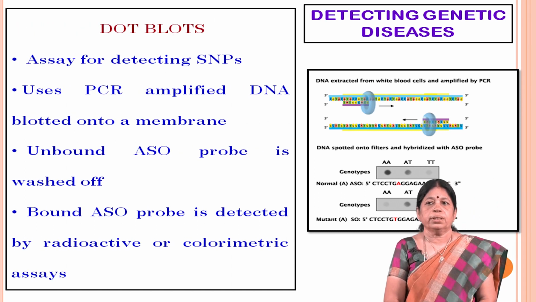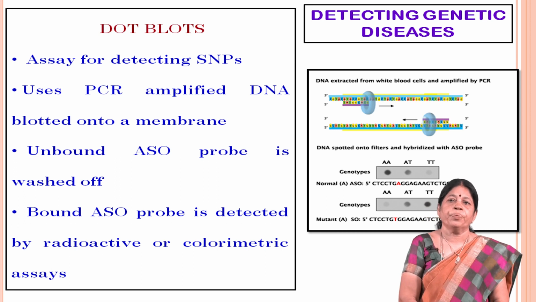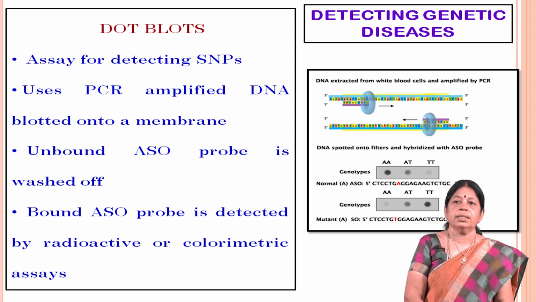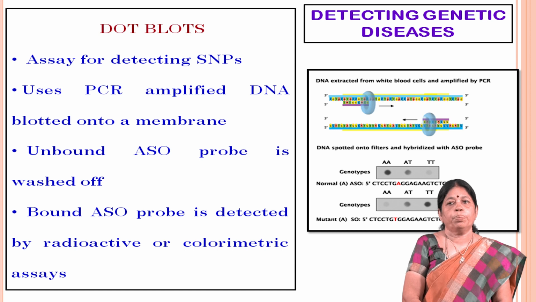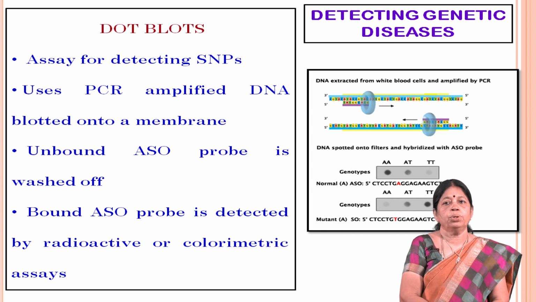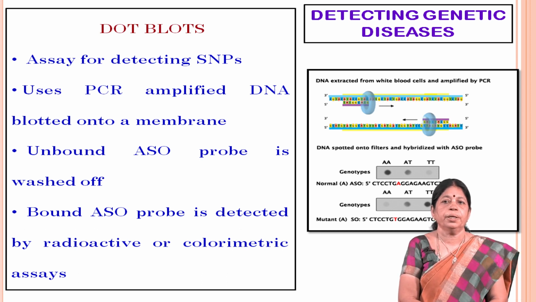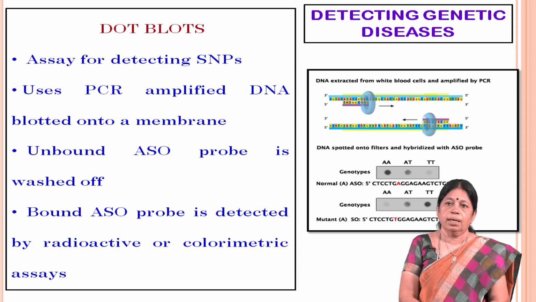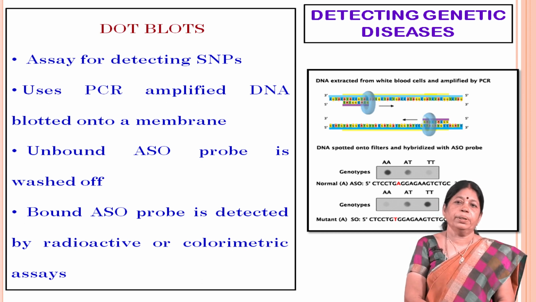Then dot blot methods. This is detecting the genetic disease through an assay for detecting single nucleotide polymorphism. So we use PCR amplified DNA. What is PCR? This is the polymerase chain reaction. That means we can produce more copies of the DNA by amplification. Amplification is nothing but multiplication and replication.